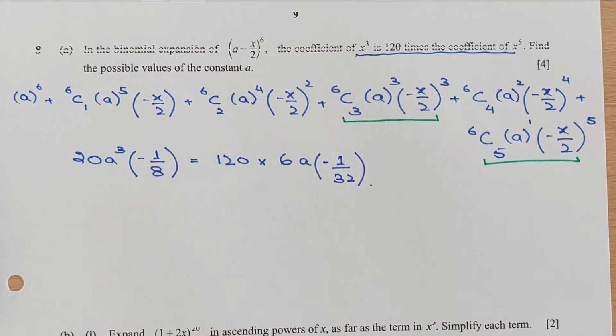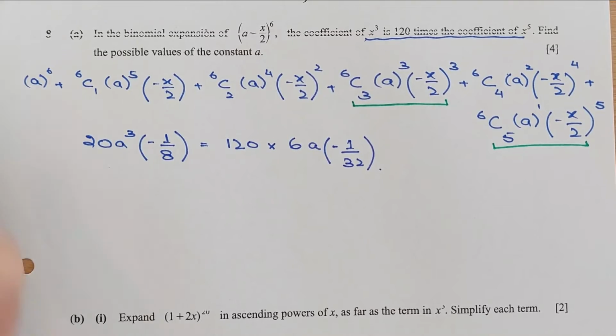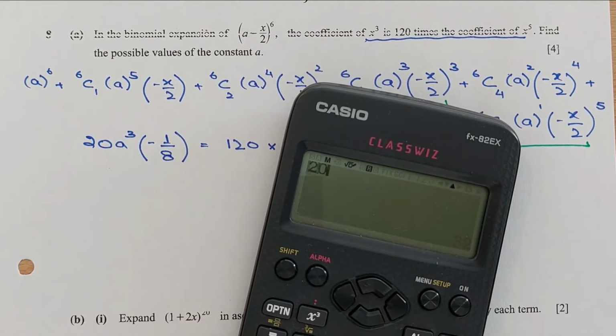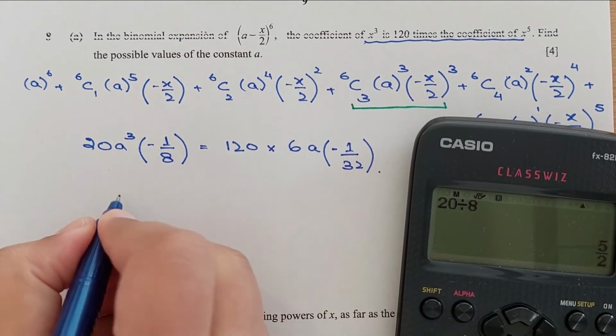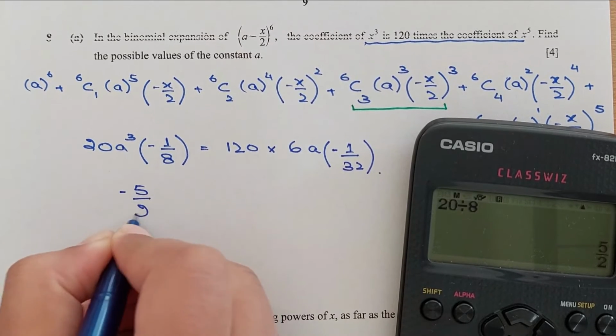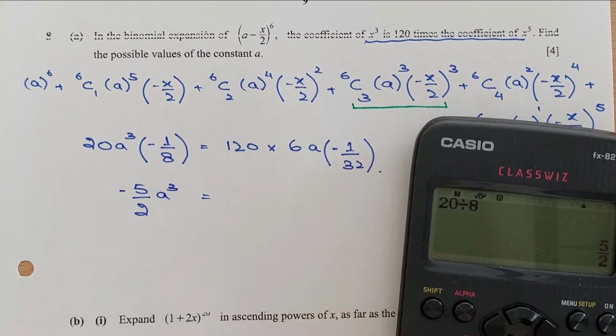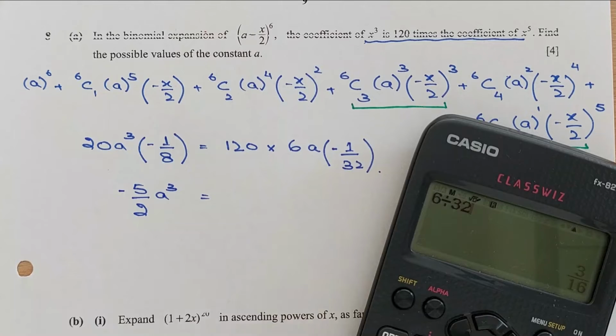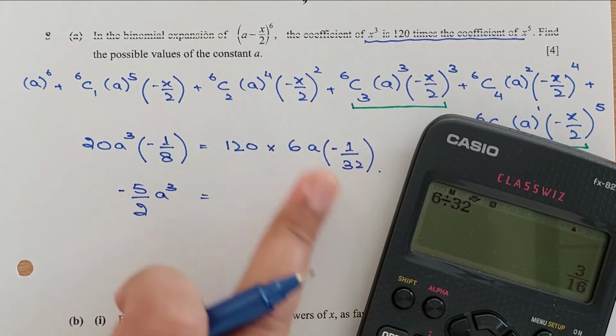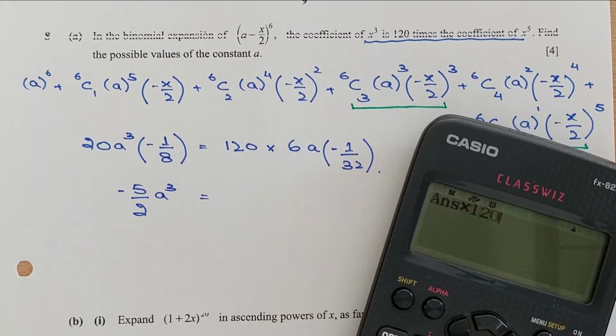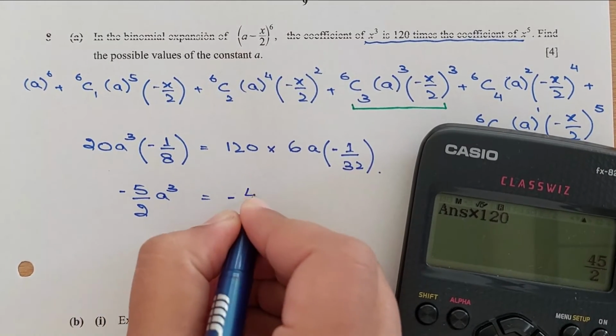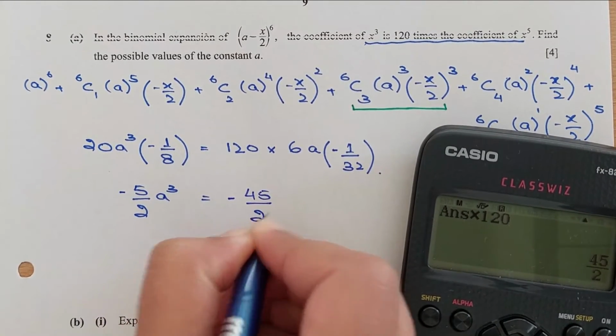Right, now we have to solve for a. So from here we have 20 divided by 8, this is 5 by 2. So minus 5 divided by 2, a cube, is equal to 6 divided by 32, and 6 by 32 times 120. This is minus 45 by 2a.